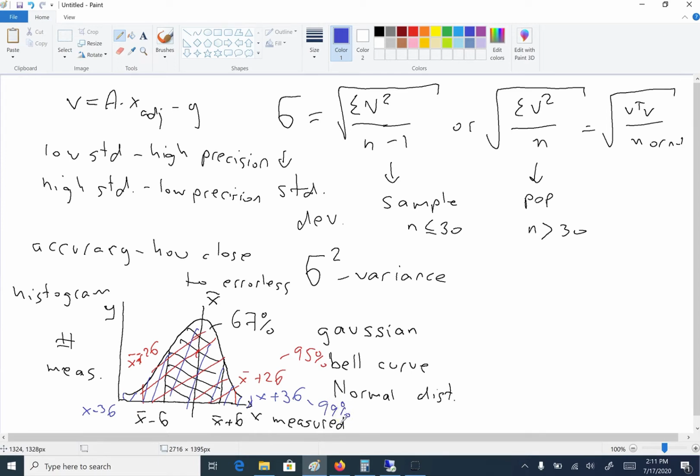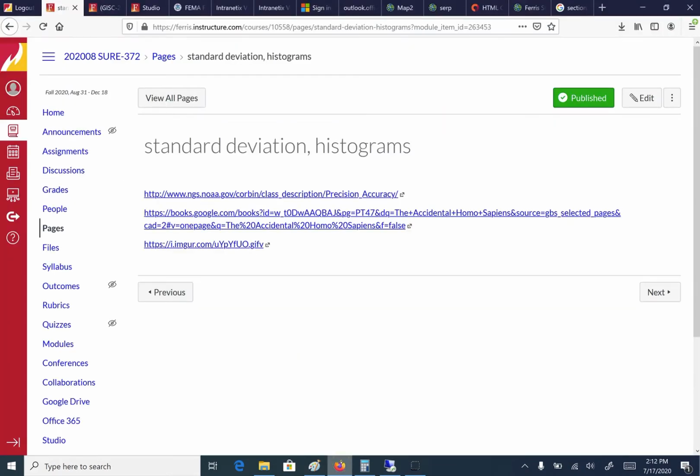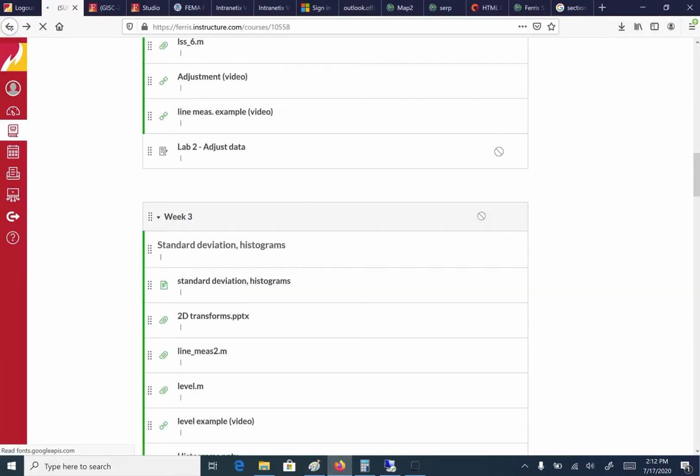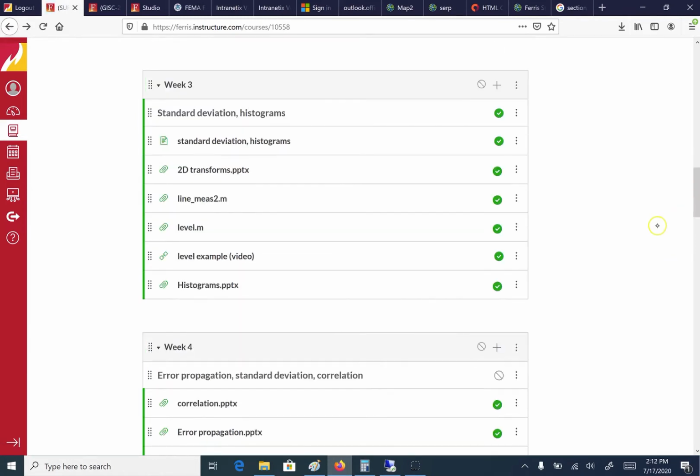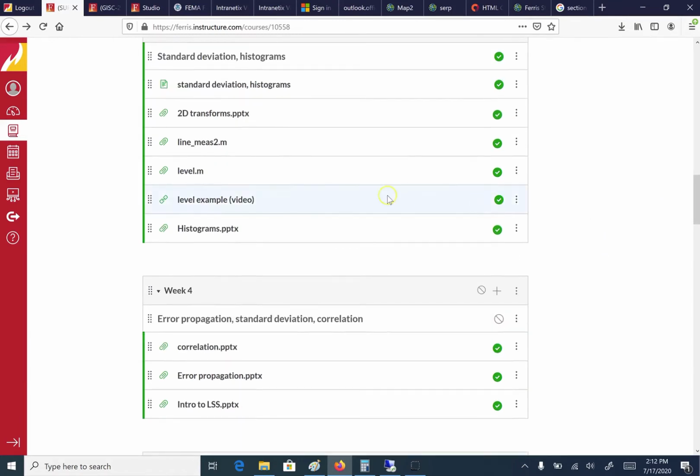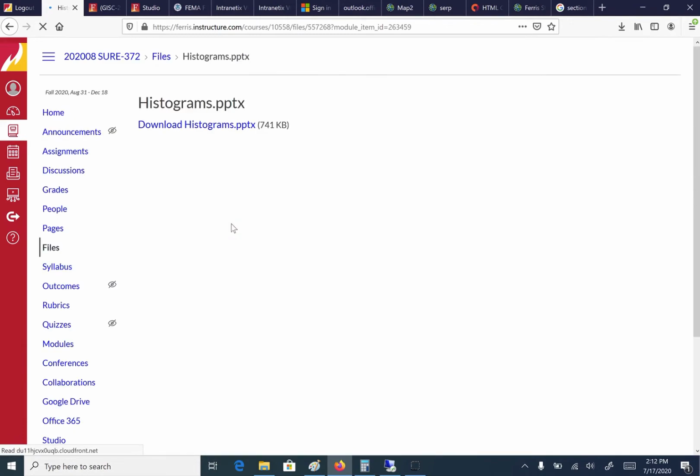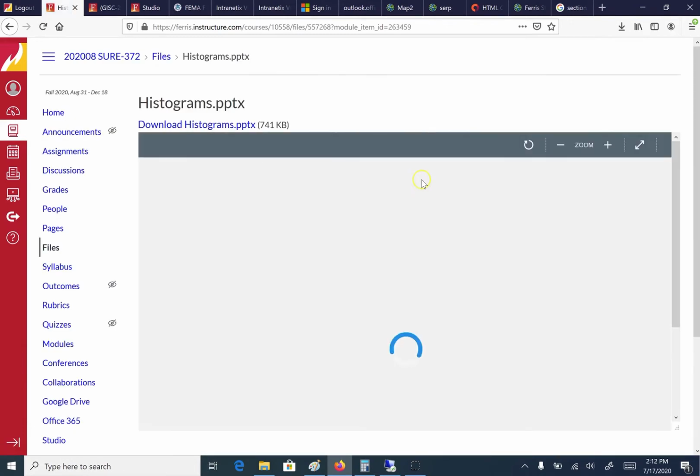These values are going to be further discussed later on, but these are 3 values that should be remembered. 1 sigma range is 67%, 2 sigma range is 95%, and the 3 sigma range is 99%. So let's take a look at a presentation on histograms.